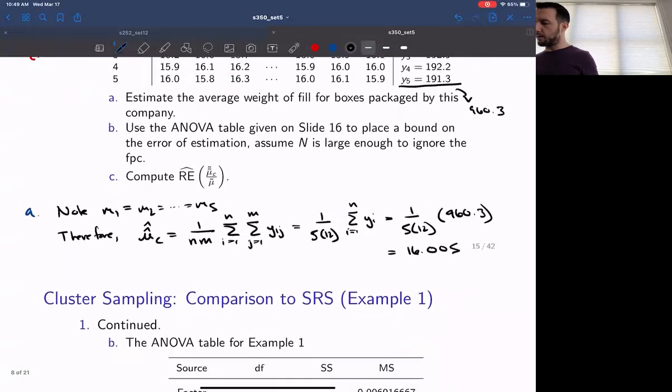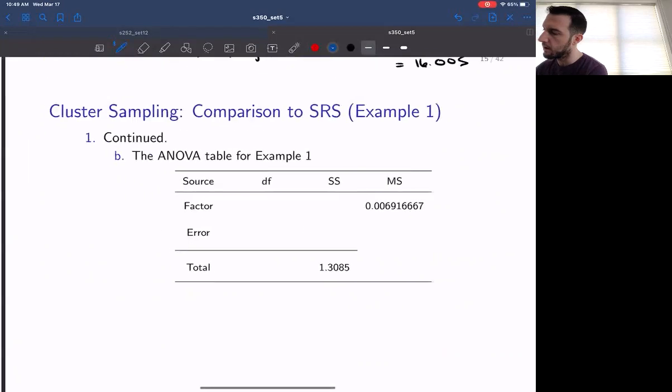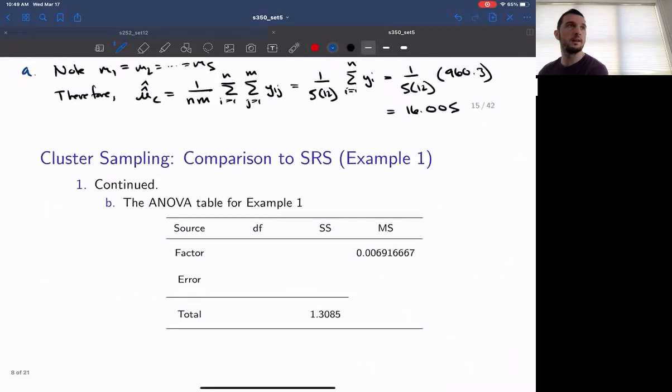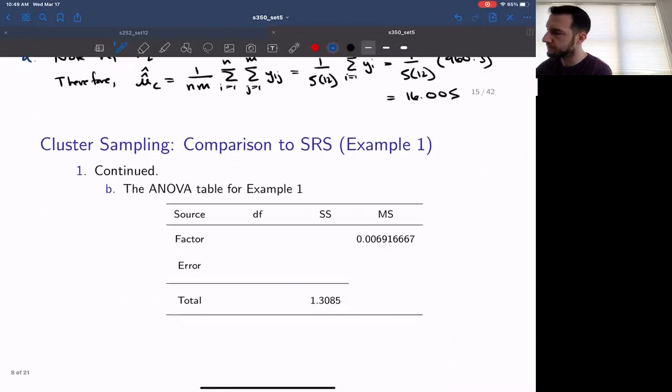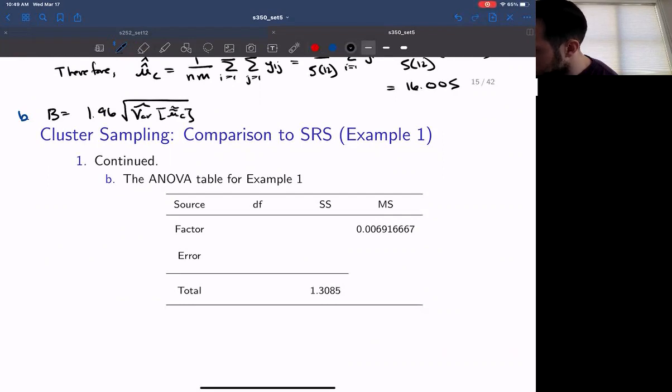All right, so in part B, we want to bound this thing, and then in part C, we want to compute the efficiency. So let's talk a little bit about bounding it. In order to bound it, we're going to need to get our MSB term. The bound is equal to 1.96 multiplied by the square root of the variance of mu double tilde c.